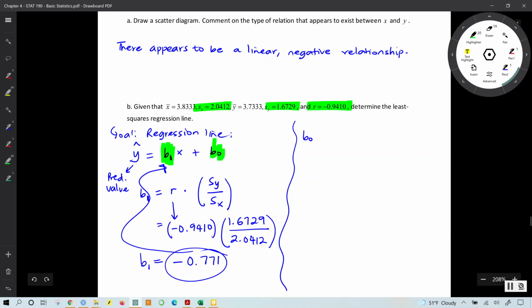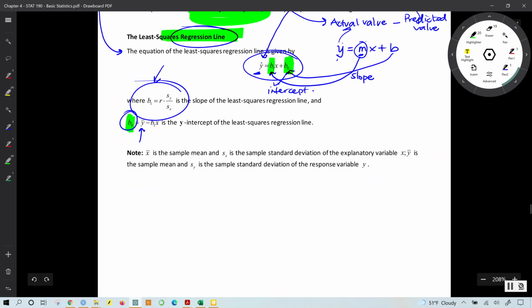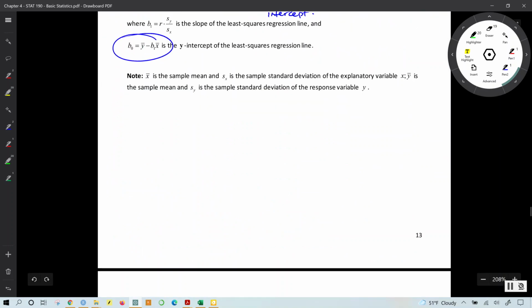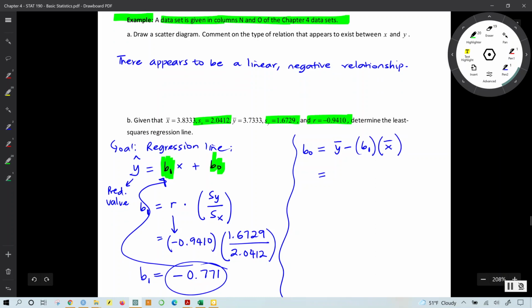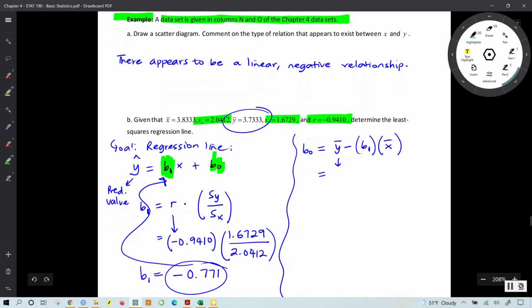What is the formula for beta naught? Well, looking back at our notes, we have that formula right here. It is y bar minus beta 1 times x bar. In other words, the average of all y values, that is 3.7333, minus beta 1, which is negative 0.771, multiplied by x bar.